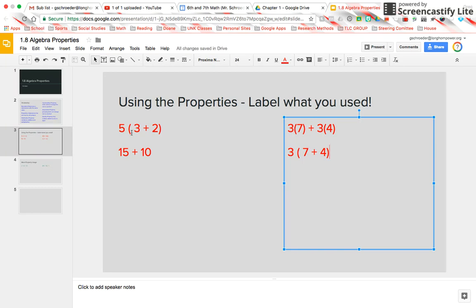Now, if I think back to my last problem where I multiplied through, I'm still doing that. 3 times 7 matches up here, plus I need 3 times 4. Again, it's just a different way of looking at it, but it shows different representations of the same information, the same value for the expressions that we're looking at.